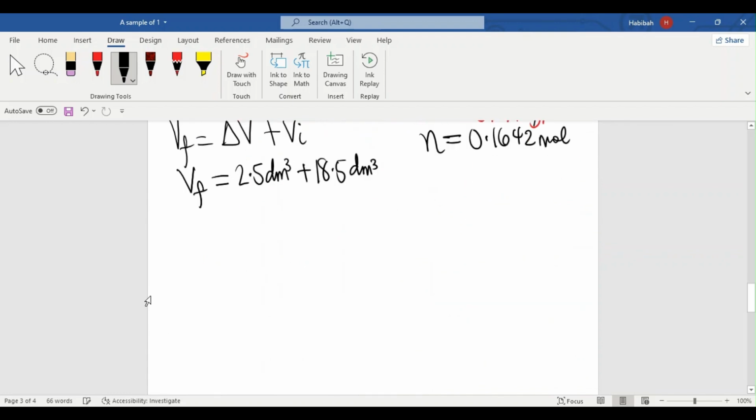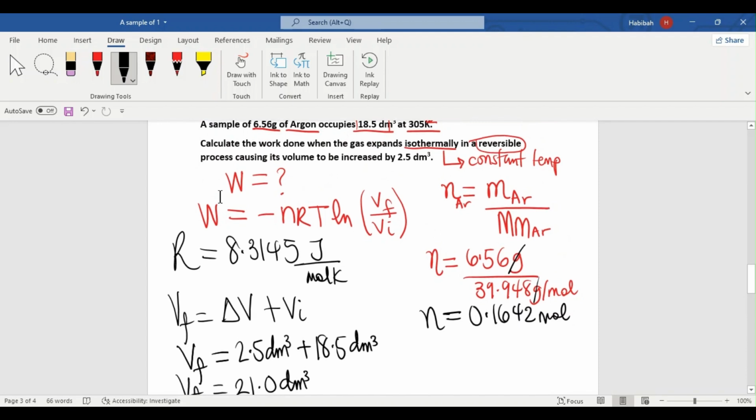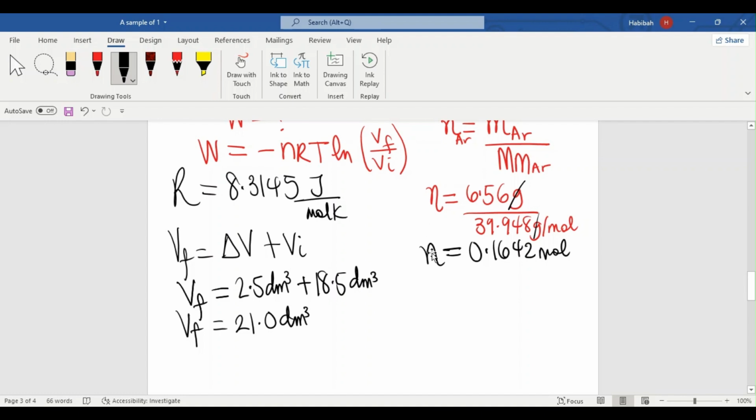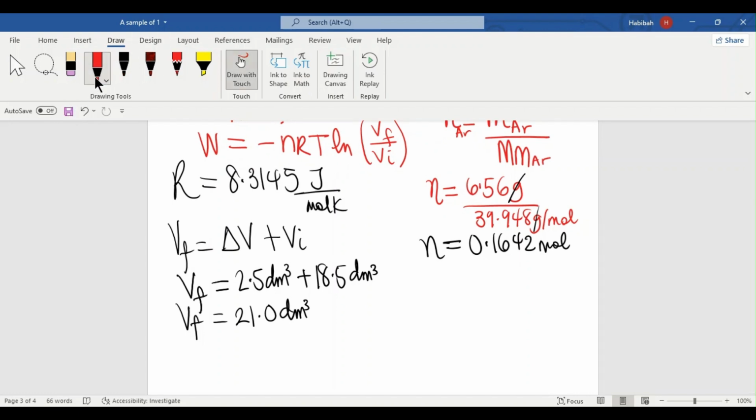So the V final is going to be 21.0 dm³. Now, the last thing we have to do, since we have the number of moles, the V final, the V initial, the temperature, and the gas constant, is we can just substitute. And that's basically how you solve a question like this.